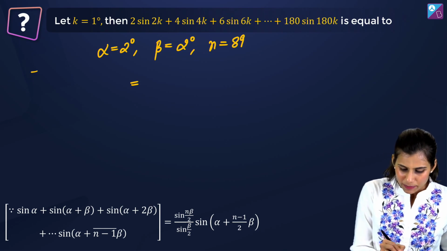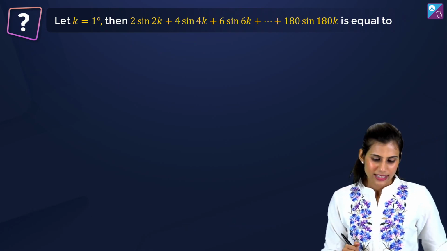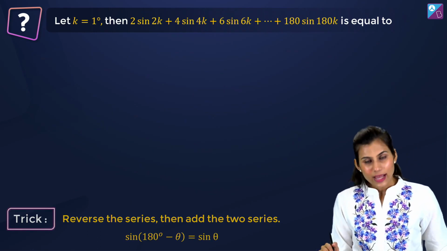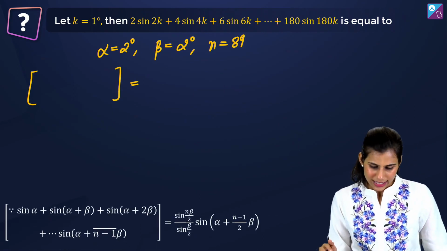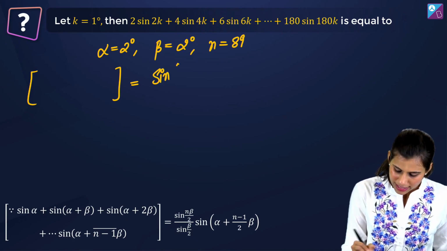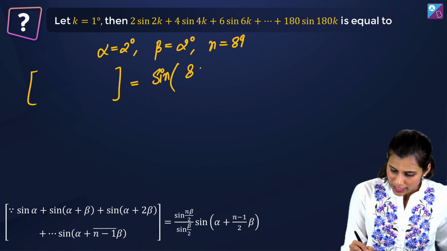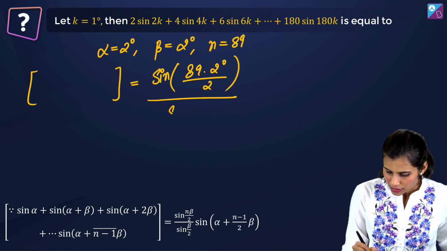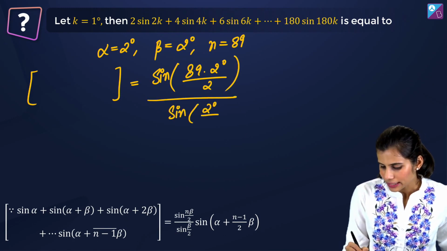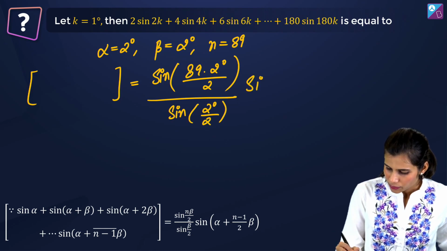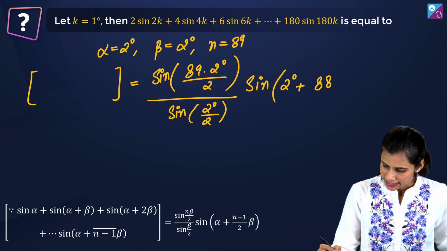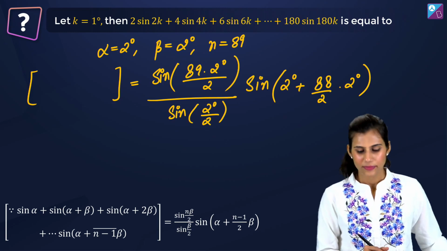So my bracketed expression completely will dissolve to sine of n times beta by 2, so 89 into 2 degrees by 2, whole upon sine of beta by 2, 2 degrees by 2, multiplied with sine of alpha, that is 2 degrees, plus n minus 1, which is 88, by 2 times beta, which is again 2 degrees.